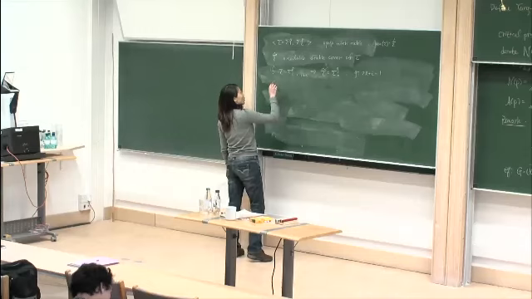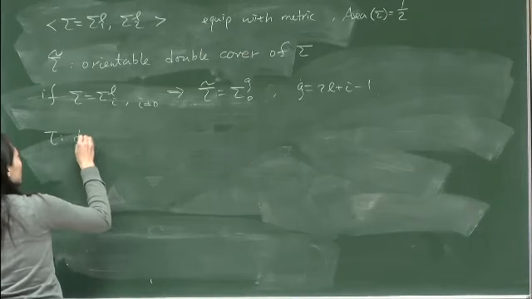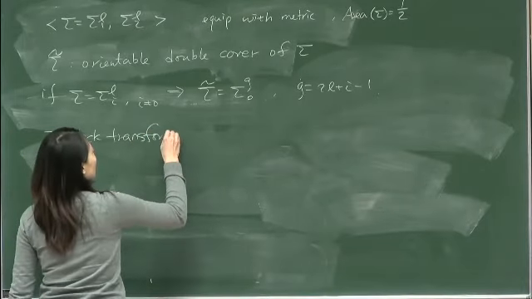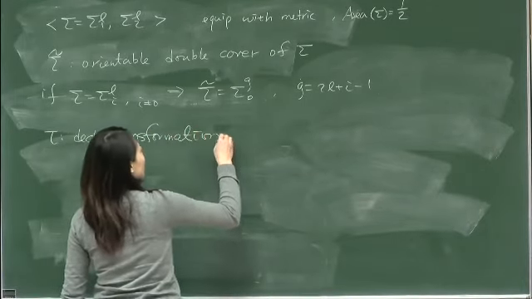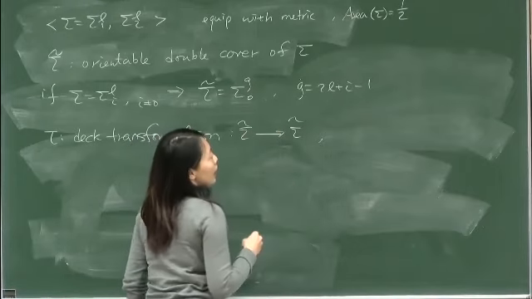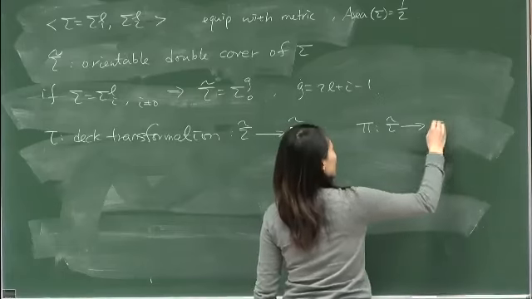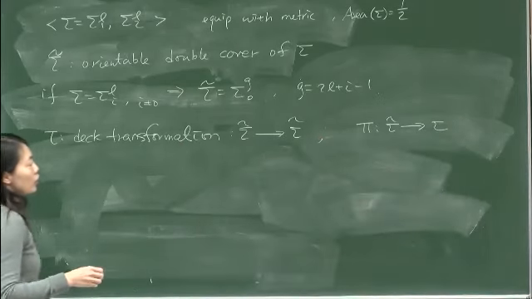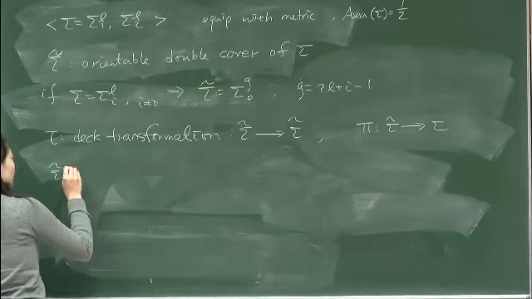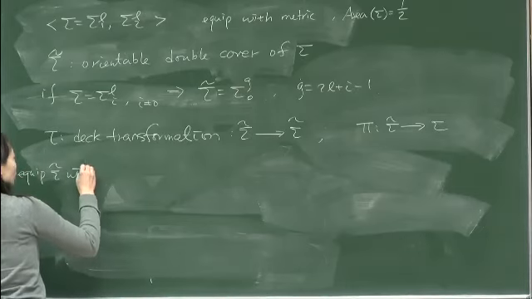Yeah, and then there is this tau, the deck transformation, from sigma tilde to sigma tilde, and we have a projection going from sigma tilde into sigma. So now you equip sigma tilde with the pullback metric.